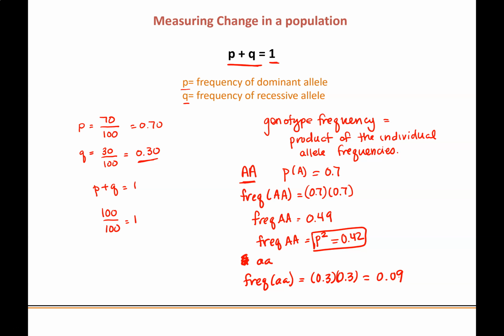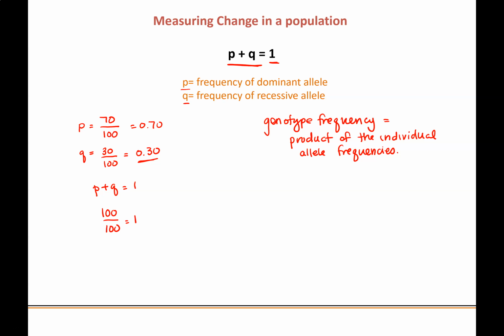Now that is the same as saying Q squared. So Q squared is our frequency of homozygous recessive and is equal to 0.09. So this means that 49% of the population is homozygous dominant and 9% of the population is homozygous recessive.